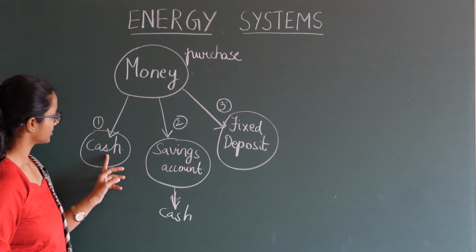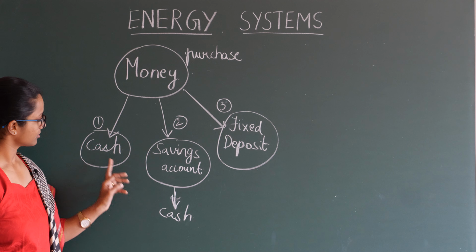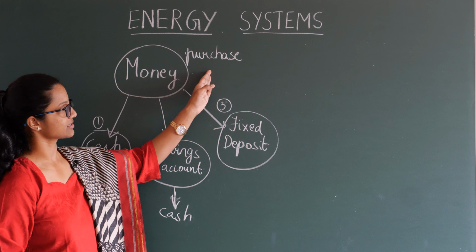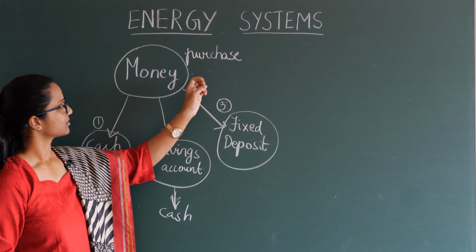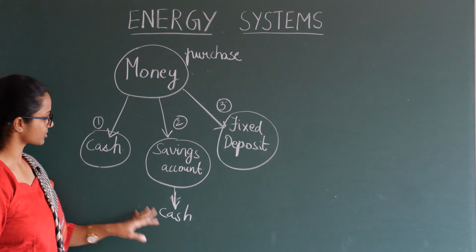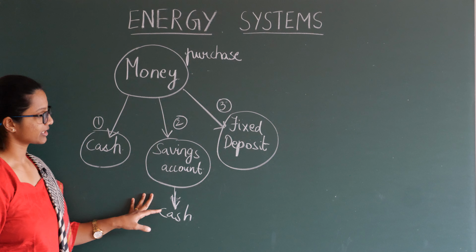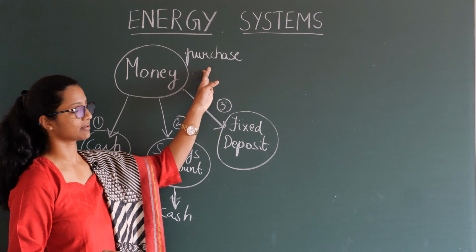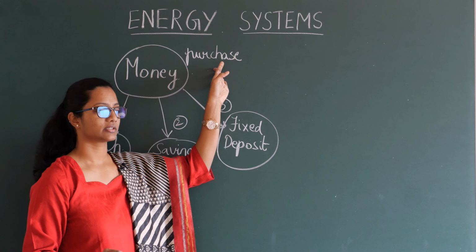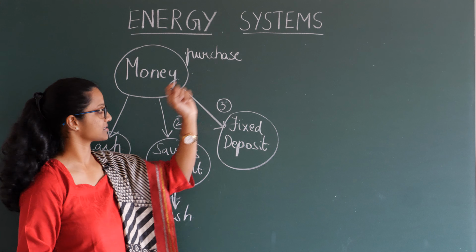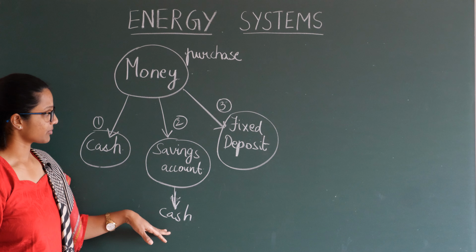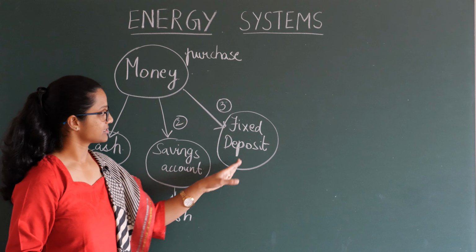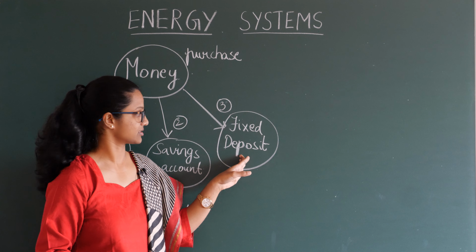And then he uses both this cash to make his purchase. But still, in total, he is falling short of money. In total, the amount is less compared to the amount that he requires to make his purchase. Now he needs money, so he decides to break his fixed deposit.